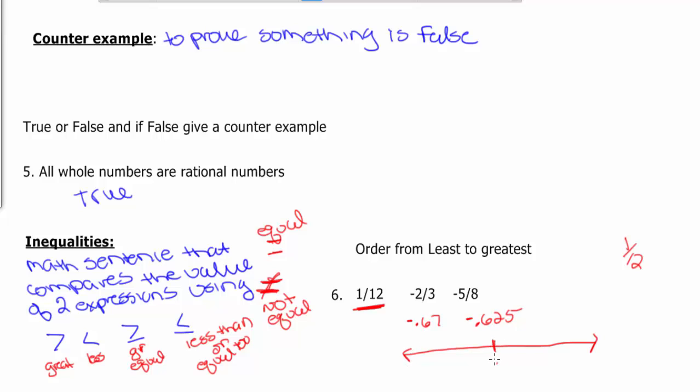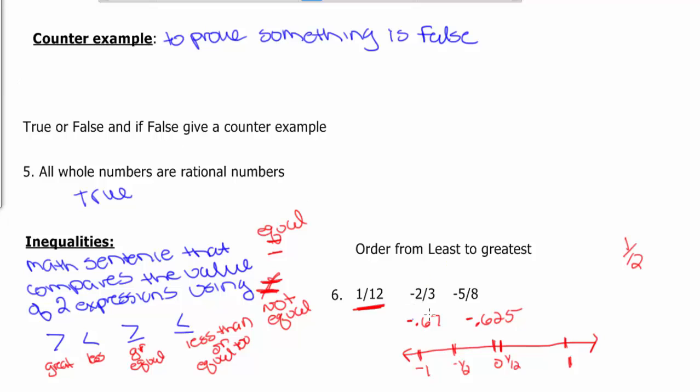If you're still unsure what that means, let's take a look. If this is 0, this is 1, this 1/12 is really close to 0. Over here, this is negative 1, this is negative 1/2. Both of these numbers are smaller, because they're on the negative side, than negative 1/2 and negative 1. So you have to decide where they're going to go.